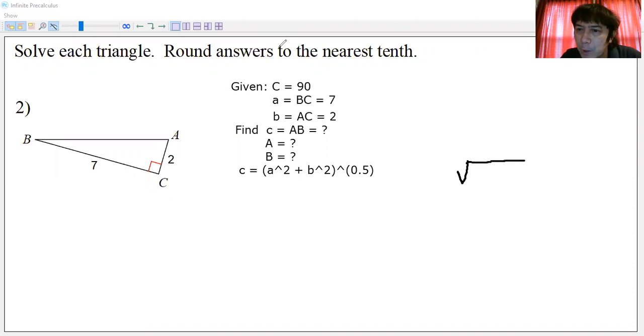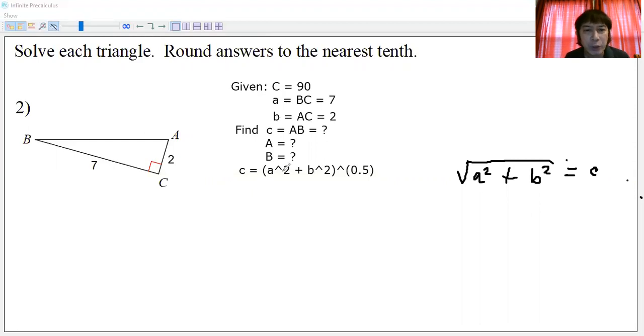Let me see if my pointer works today. You may write this a squared plus b squared, like that, and this is supposed to be equal to c, the small c. That's the Pythagorean theorem. Now the square root symbol means raised to 0.5, raised to 1/2.